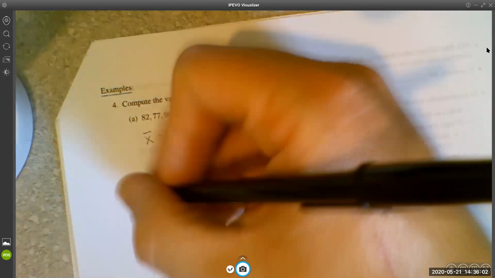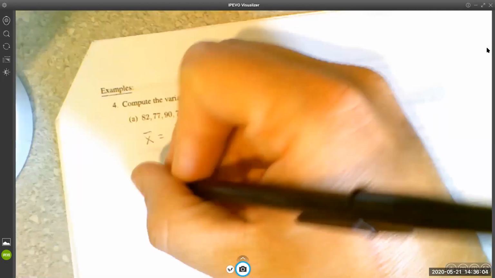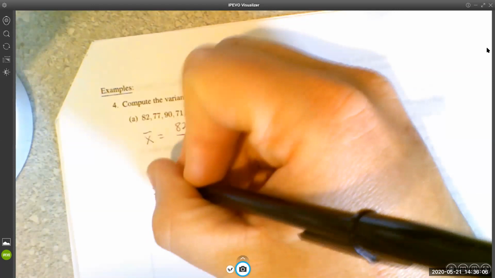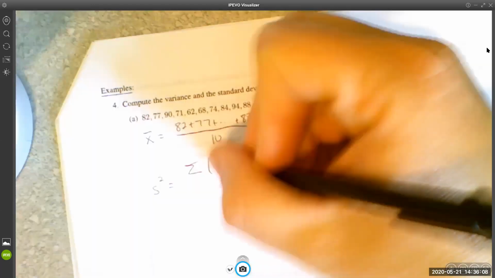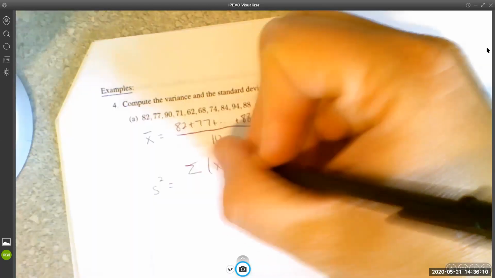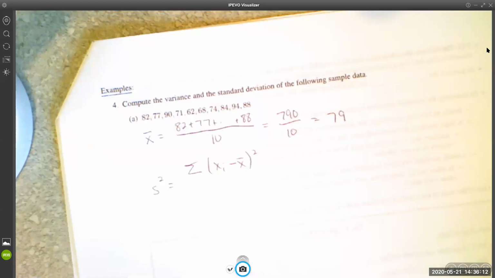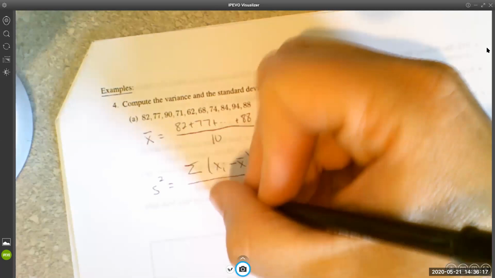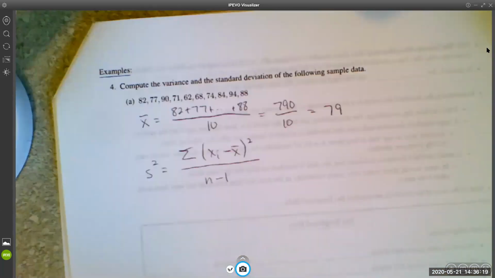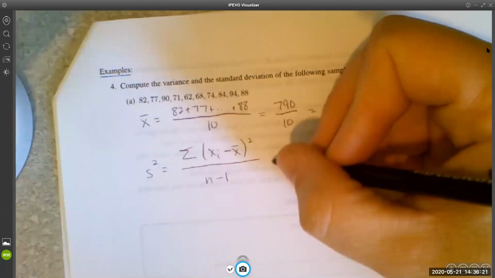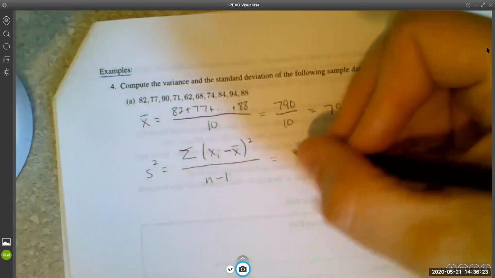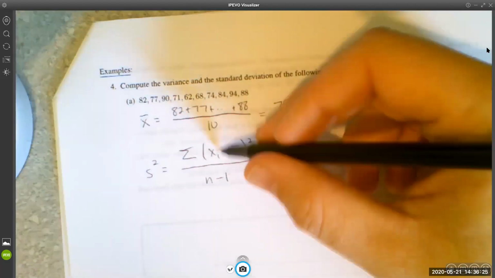Now, the sample variance, s squared. That's going to be the sum of all of the deviations about the mean squared, divided by n minus 1. So that's going to be, well, the first observation is 82, right?